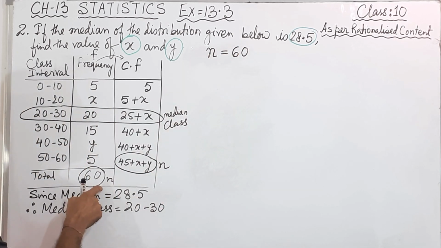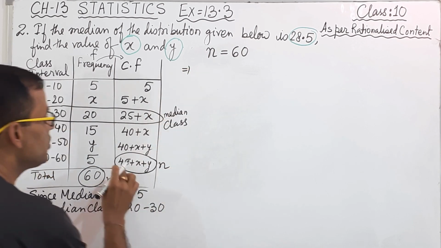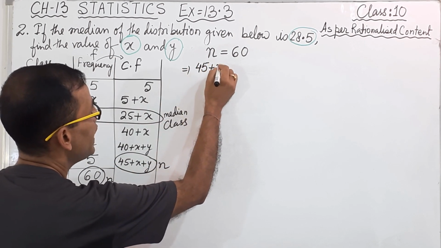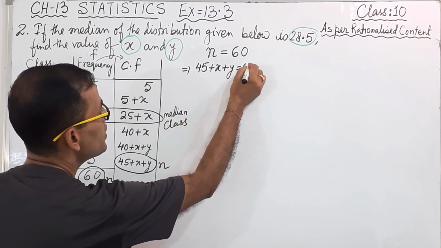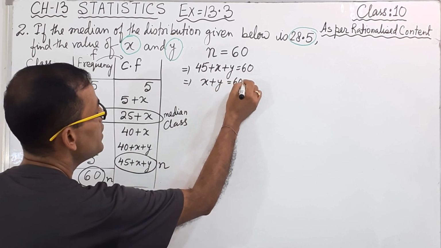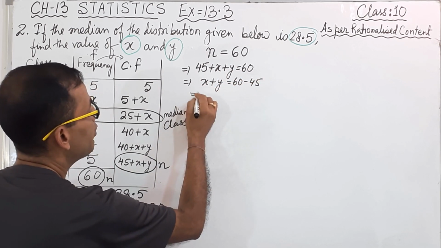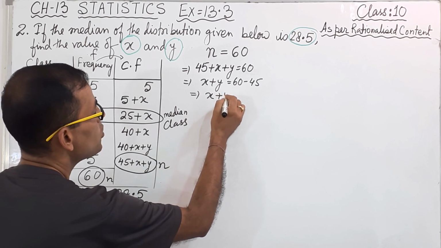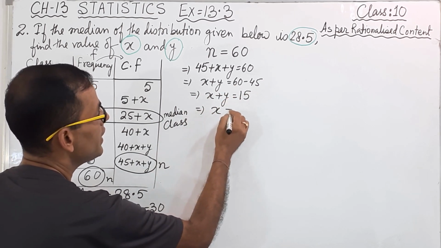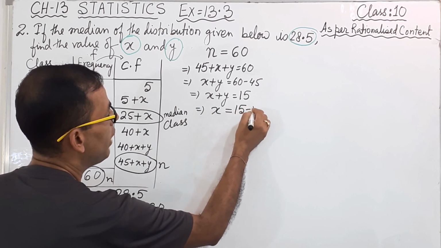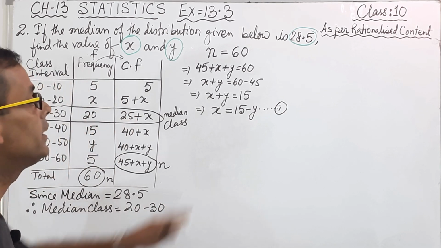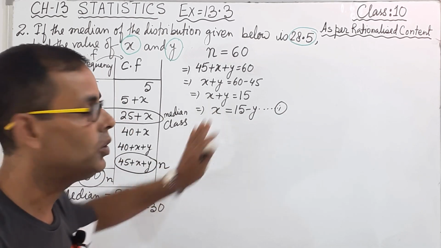See, n is 60. Again, n means 45 plus x plus y. So I will write 45 plus x plus y equal to 60. Then x plus y equal to 60 minus 45. After that, x plus y equal to 15, and then the last step, x equal to 15 minus y, and I will make it equation 1. So I will keep this one as equation 1.